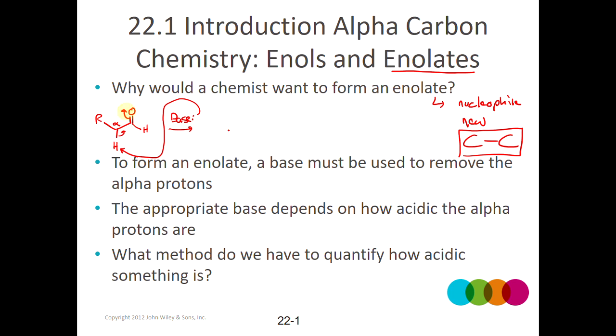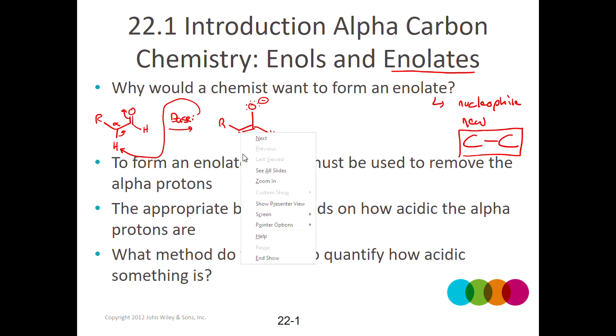The major resonance contributor that results will have a negative charge on oxygen. That's a good nucleophile. Last time we talked about how the most likely site for the nucleophilic attack is here, and we can get that to attack an electrophile.